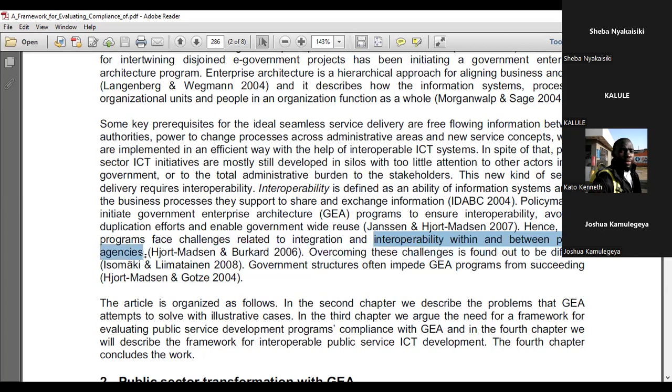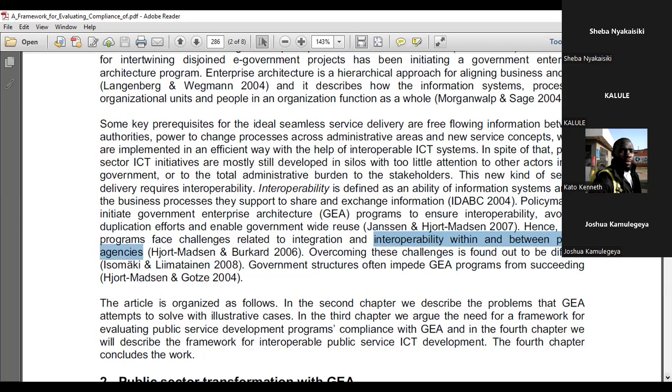Now, they have already talked about enterprise architecture, how it aligns, and they're talking about specifically the issue of interoperability between public agencies.